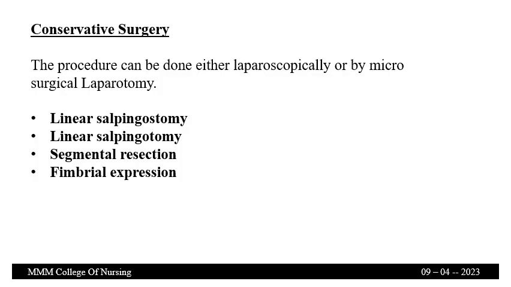Conservative surgeries can be done either laparoscopically or by microsurgical laparotomy. Linear salpingostomy, linear salpingotomy, segmental resection or fimbrial expression can be done. Linear salpingostomy means making a hole and taking out the contents.